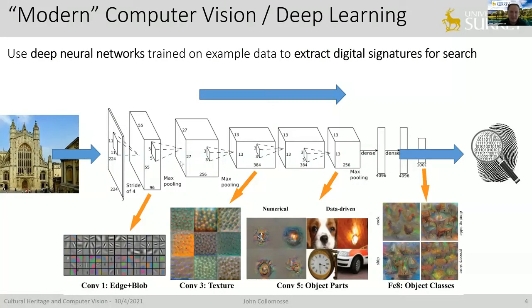As the image goes through, the network has learned to pick out different things about the image. It's learned to pick out bits of edge. It's learned that bits of edges combine to produce textures. The textures then are combined to produce object parts and ultimately whole objects. And this is how the network understands the images that are passing through it.